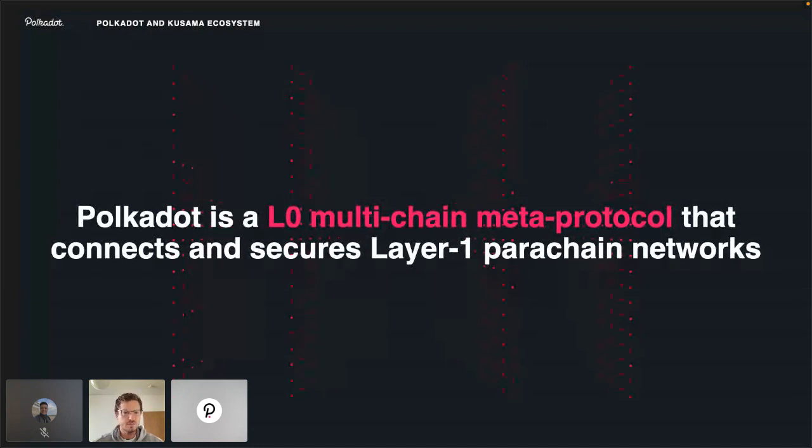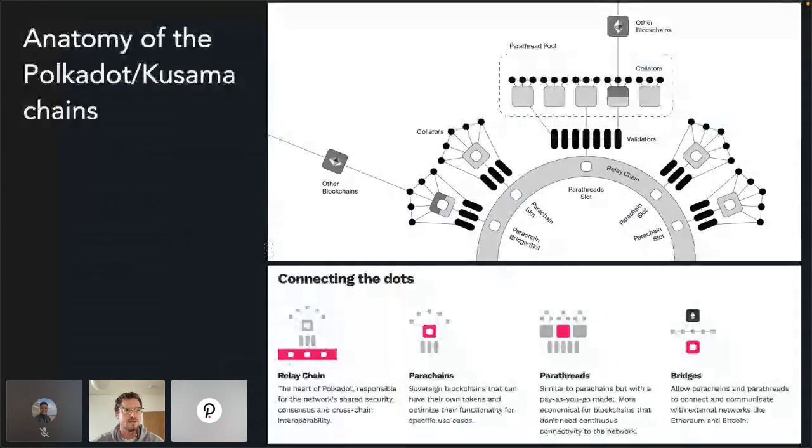So if we look at an overview of what Polkadot actually is and what the different entities or paradigms in the Polkadot ecosystem are, we have the relay chain, like Polkadot or Kusama. I will use Polkadot and Kusama interchangeably. I see them as both very similar from the point of view of how you could build on them.